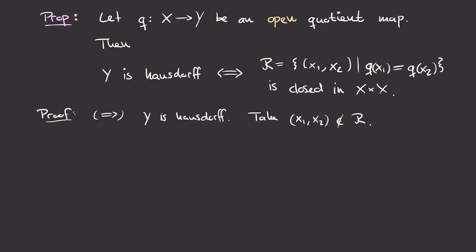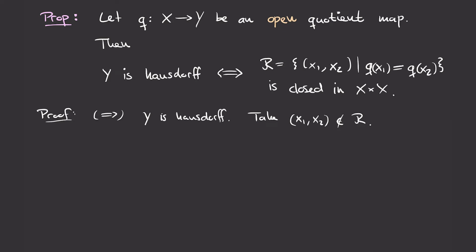completely within the complement. All right, so now we use the fact that we know that Y is a Hausdorff space. And if you remember, being Hausdorff means that for any two distinct points, you can find open neighborhoods around each, such that those open neighborhoods are disjoint from one another.